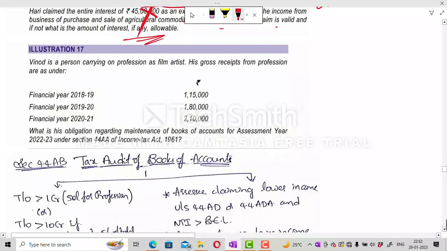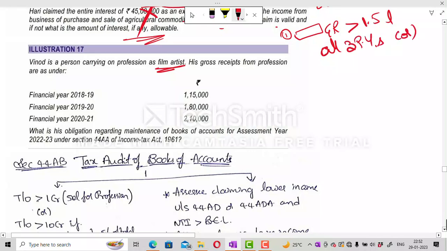Vinod is a person carrying on profession as film artist. So he belongs to the first category. We have given some specified professionals. They need to maintain books of accounts if the gross receipts are more than 1.5 lakhs in all the 3 preceding previous years, or they are about to exceed 1.5 lakhs in the current year.